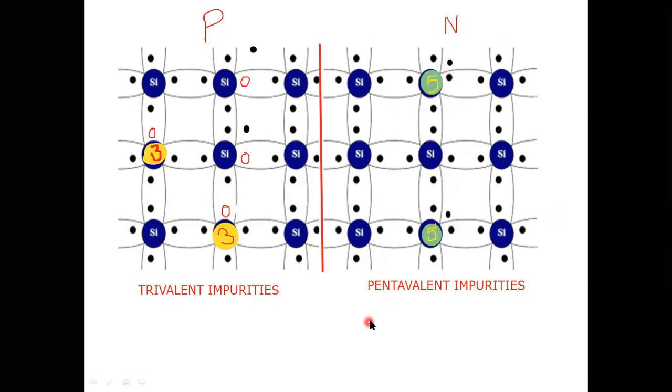For example, if I increase the temperature, what will happen? Some of the bonds will break here. The process which occurred here already will now occur here in the n-side semiconductor material, in the n-side of the silicon crystal.